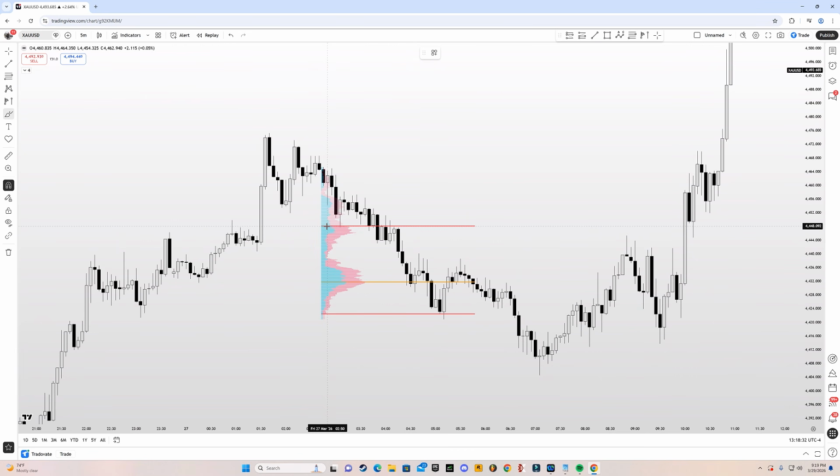And up here is the value area high, and this is the value area low, right? Anything in between the value area high and value area low is around 70% of the volume. 70% of the volume for this entire range was traded in this box.